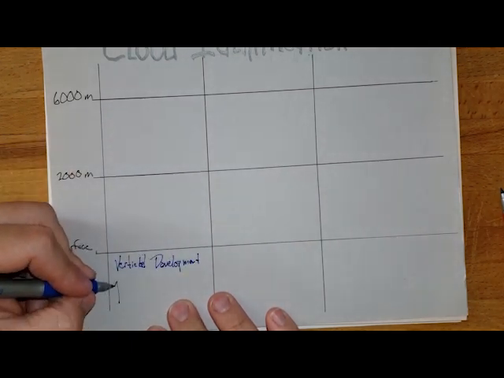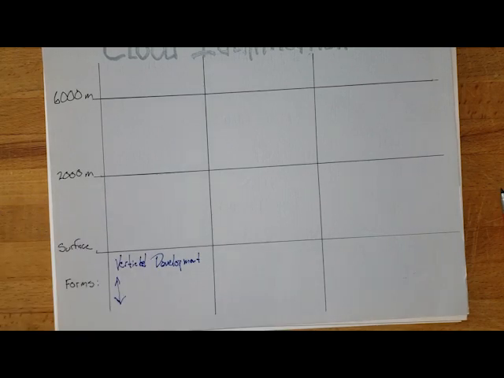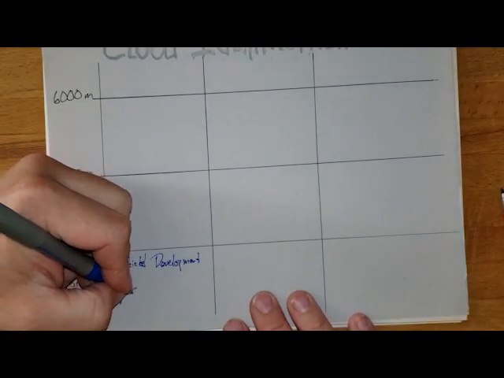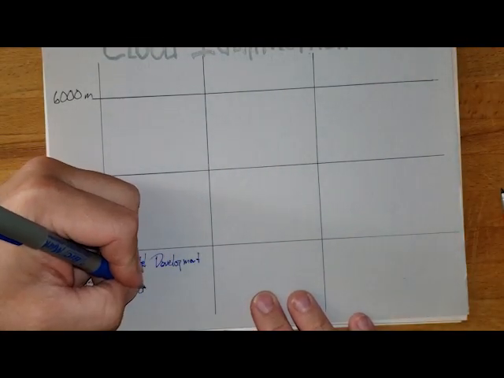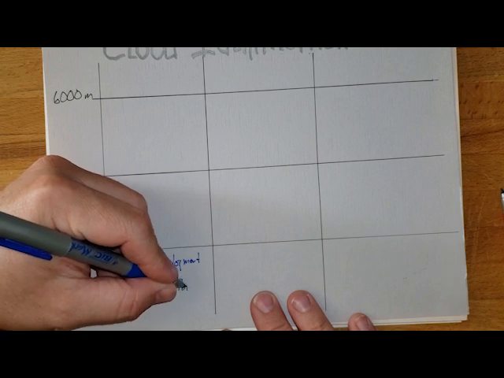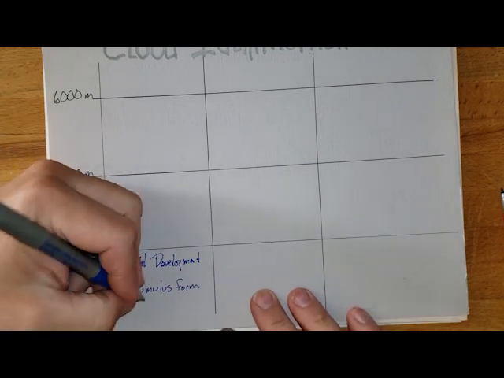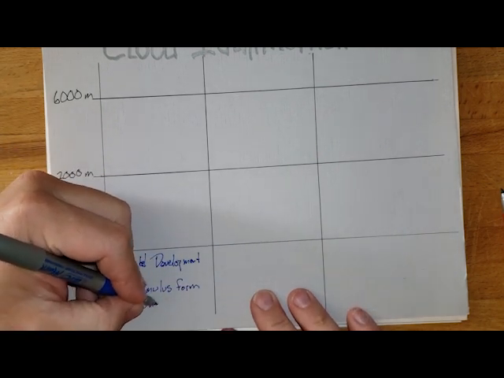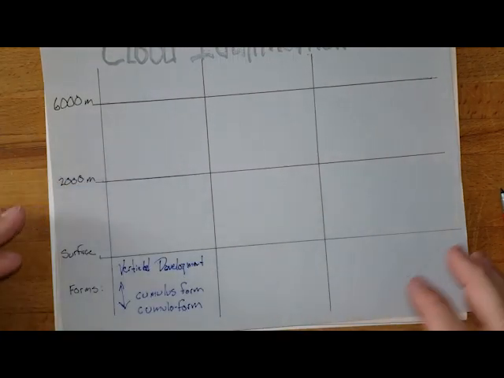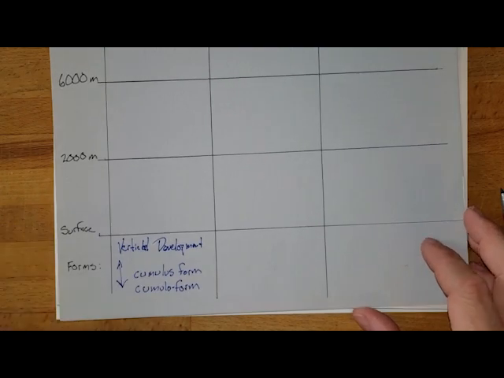That means that they go up and down, and we refer to those as being piled up or clumping up on top of each other. And those are going to be cumuloform clouds.